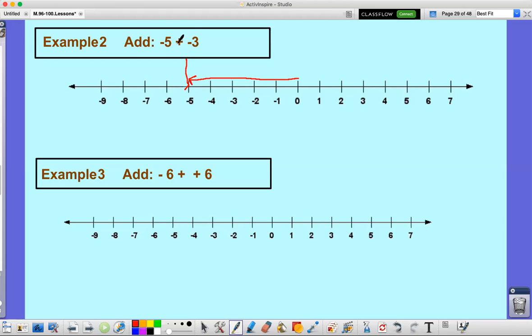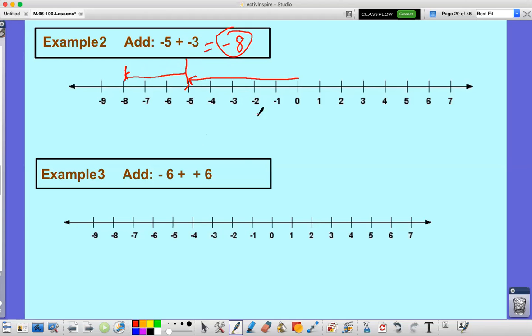So you're going to add a negative 3, but it says go this direction, but then immediately it says no, wait, go this way. So it's like adding another negative 5. So you're just going to add, or sorry, negative 3. So you're just going to add those 3 there, and that's where you're going to end up. So in this case, this one would be a negative 8 is where you're going to be for that one.